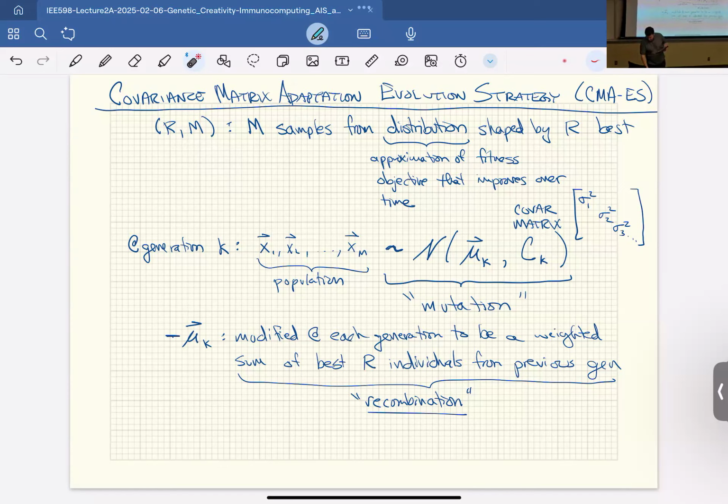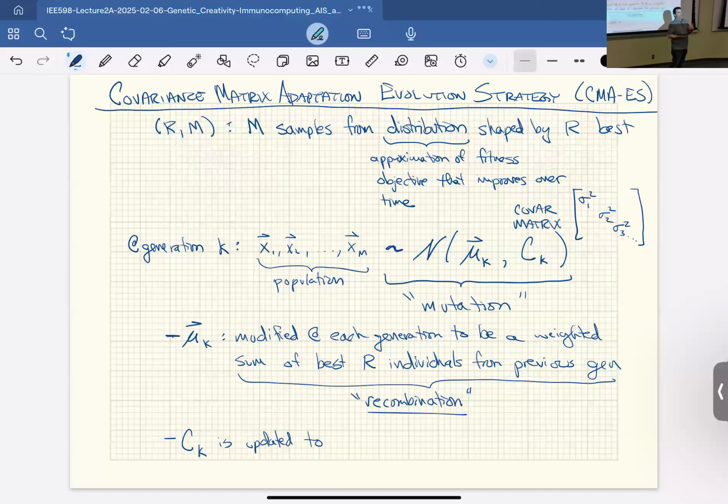So again, I'm not going to write out the implementation for how this is done, but CK is updated to maximize, I'll write this down, the likelihood that the distribution could produce the previously favorable steps that have been seen before.